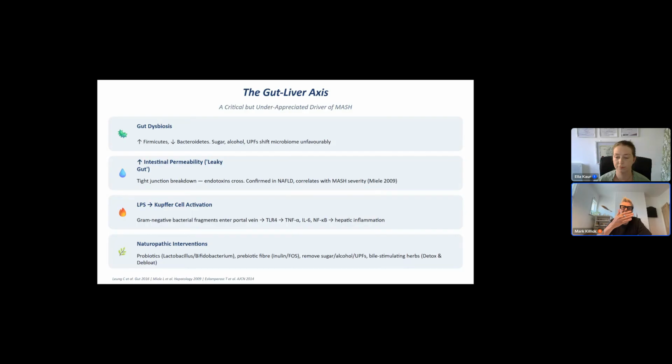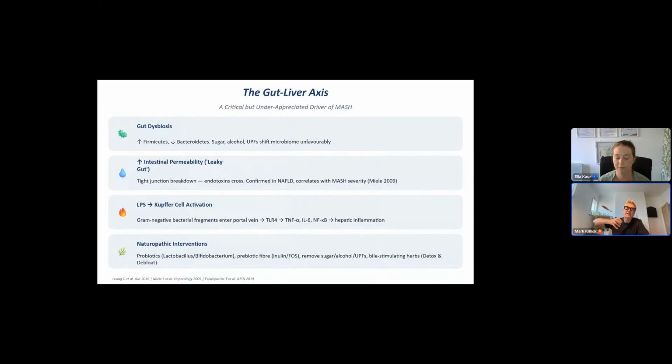Because of that sort of diet creating dysbiosis, we then end up with an increase in intestinal permeability, so leaky gut. And this is where we get the leakage of LPS, lipopolysaccharides, from the gram-negative bacteria into circulation, which increases systemic inflammation throughout the body, and especially within the liver as well.